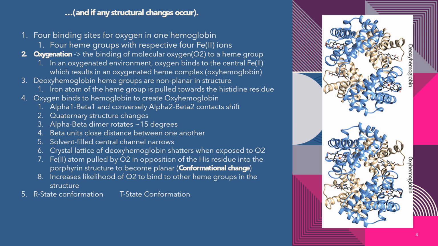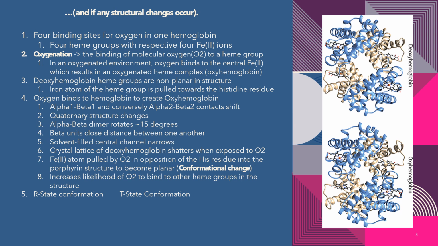So deoxyhemoglobin is when the heme groups are structurally non-planar, obviously lacking the oxygen. The iron atom of the heme group is pulled towards the histidine residue, which is the amino acid that's tugging the iron in one direction of this hemoglobin molecule.